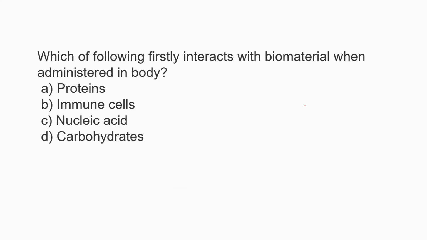Okay, so we have the next question now. So the question is, which of the following firstly interacts with biomaterial when administered in body? Options are A. Proteins, B. Immune cells, C. Nucleic acid, D. Carbohydrates.